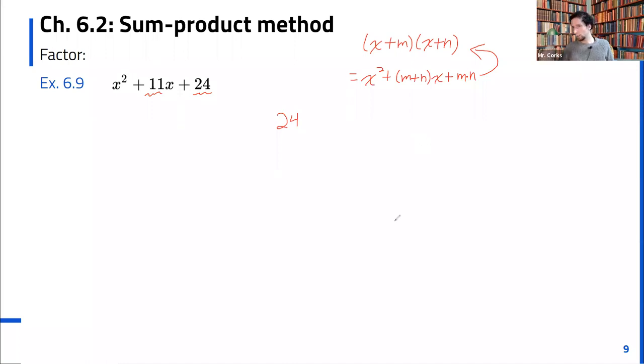Perhaps that name is used in other countries when teaching math. Yes. Maybe I can look that up after. In English, we just call this the sum product method. I've really never seen that before.